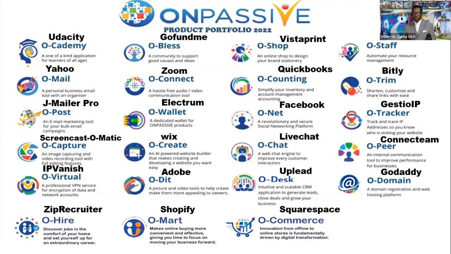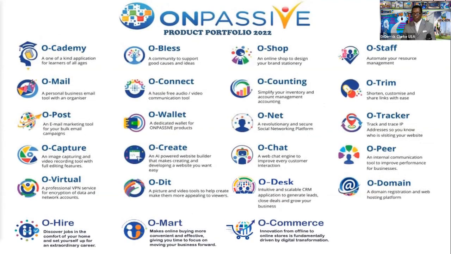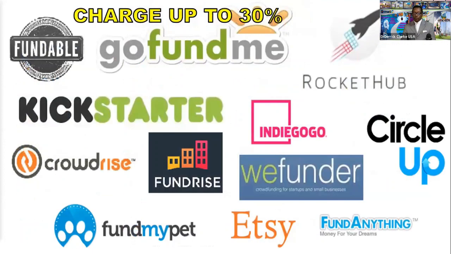These are some of the products that we are already working on. Some of them are actually ready. And so therefore, we are looking at Obless. Now, these are a lot of the platforms that are out there. One of the problems with these is that they charge up to 30% fee.